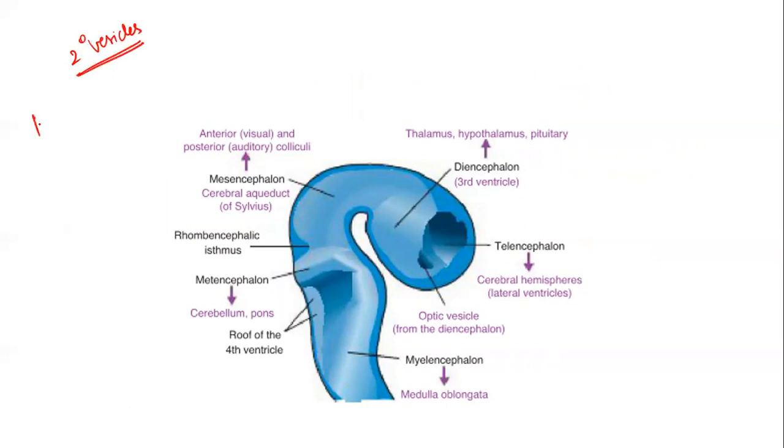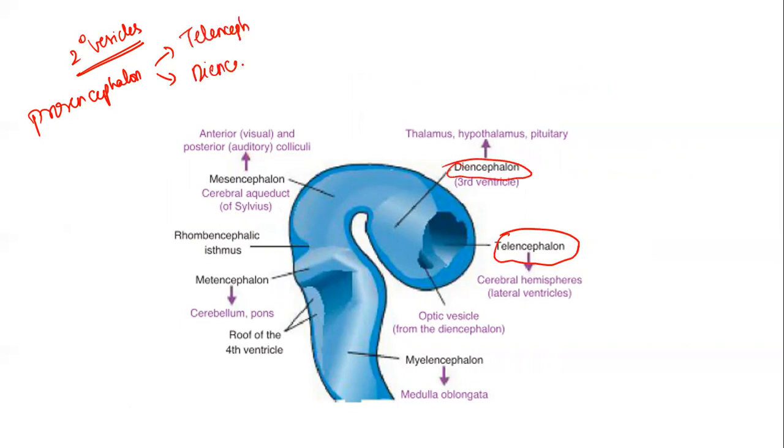So what happens is the prosencephalon will divide into two. Yes, can you make out? One is the telencephalon, another one is diencephalon. And the mesencephalon is going to exist as mesencephalon only.